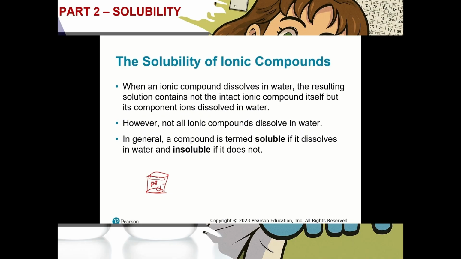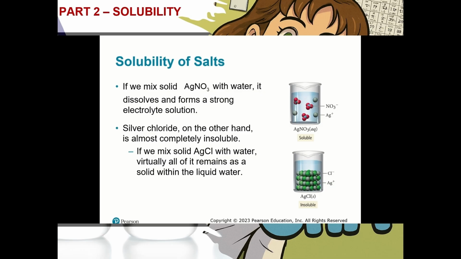In general, a compound is termed soluble if it dissolves in water, and not soluble if it does not. So if we mix solid silver nitrate with water, it dissolves and forms a strong electrolyte solution, like you see over here. Nitrate and silver are separate, forming ions.